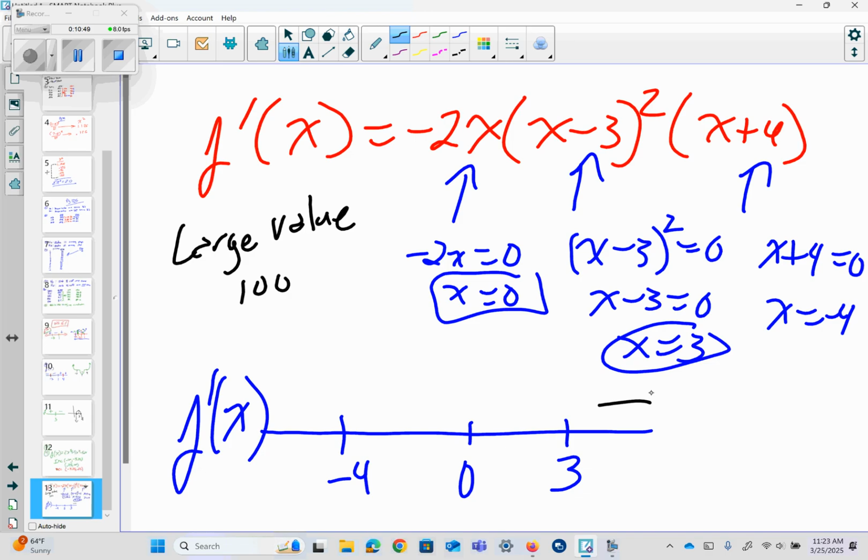And then we can say, okay, what's taking place between 0 and 3? So we're going to pick a value like 1. If I plug 1 in, the middle, x minus 3 quantity squared, has got to be positive. The x plus 4 has got to be positive. So positive times positive is positive times a negative. So we have a negative here.